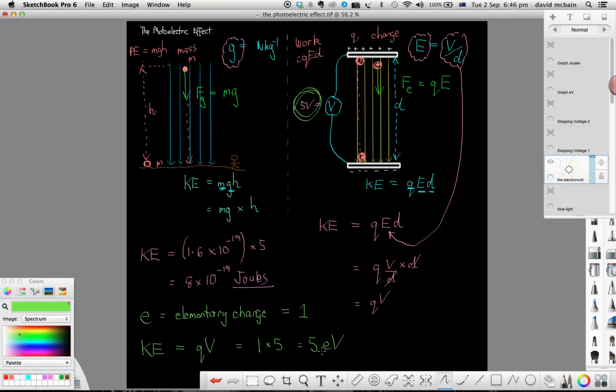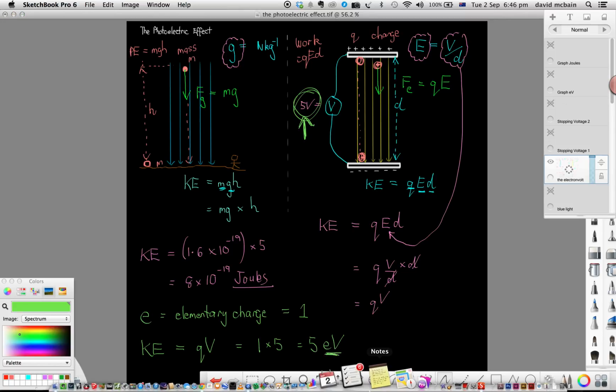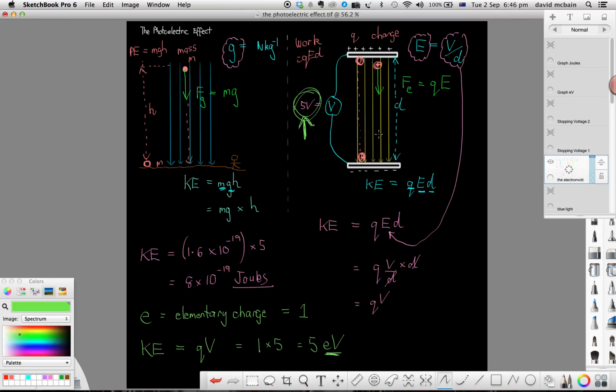And that is why the electron volt is such a useful way of measuring the energy, particularly of charged particles, because the voltage that we are accelerating the charge across will directly give us the energy of the particle if it's a single charge. And so if this was 10 volts across the plates, then a single proton that is accelerated across the plates would have 10 electron volts of kinetic energy at the other end.